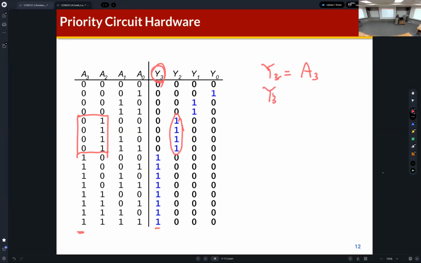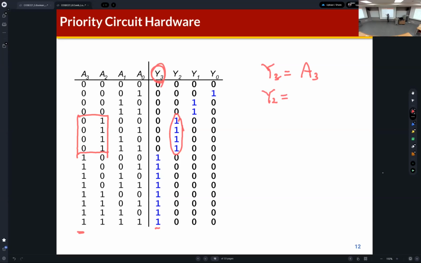We can define this output using a normal sentence. Y2 becomes 1 if A3 is not 1, so A3 is 0 and A2 is 1.